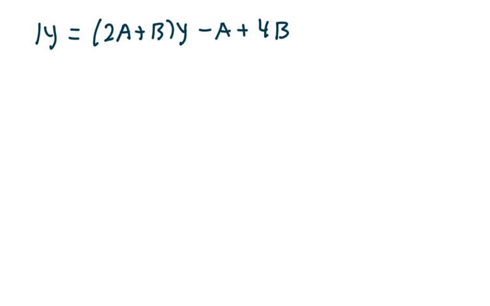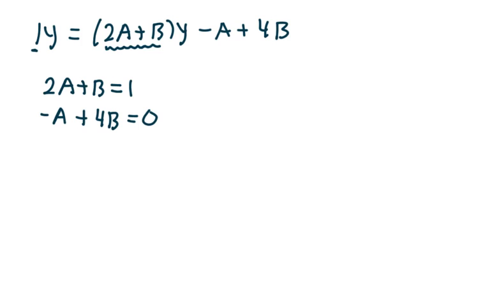Now, what that tells me is that 2A + B has to equal 1. Because if 2A + B is anything other than 1, this doesn't make any sense. These expressions can't be equal. And then we have -A + 4B equals 0 because there's no constant terms on the left-hand side.